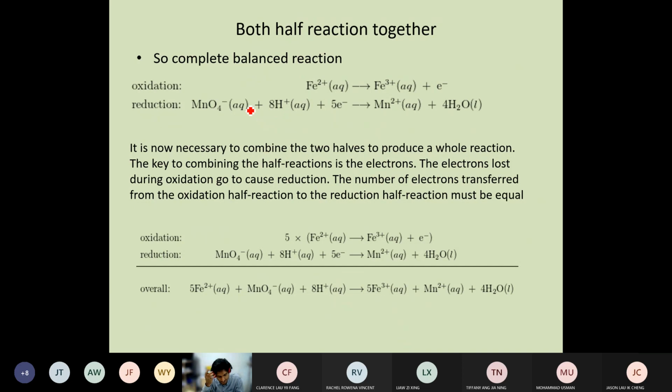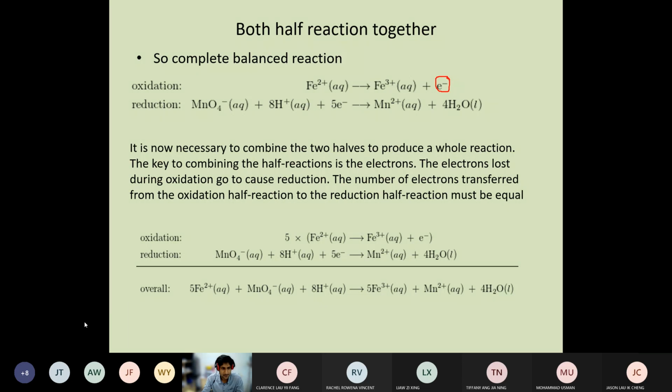Since only iron is releasing electrons and the rest are accepting electrons, it is on iron to release the electrons. But the problem is iron is releasing only one electron, from 2 to 3, only one electron.